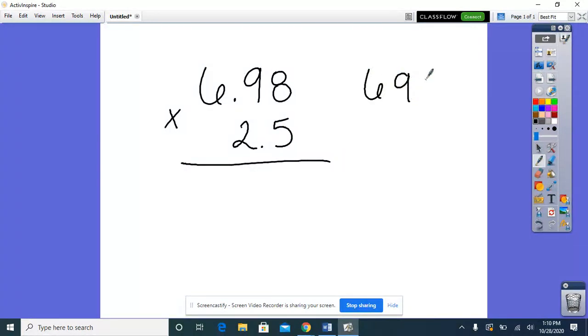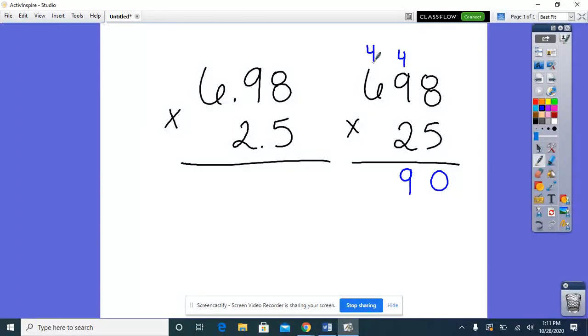So I'm going to have 698 times 25 after I take my decimal out. So first step is to do 5 times 8. 8 times 5 is 40. My 0 goes here. My 4 goes here. 5 times 9 is 45. Plus 4 is 49. My 9 goes here. My 4 goes up here.